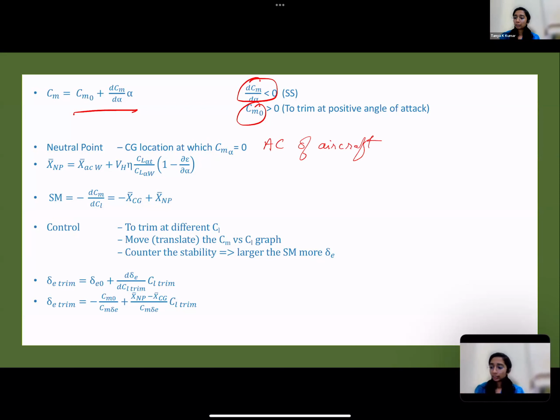It's given by minus dCm by dCl, and the equation is x bar np minus x bar cg. So for a stable aircraft, static margin will be positive or negative?